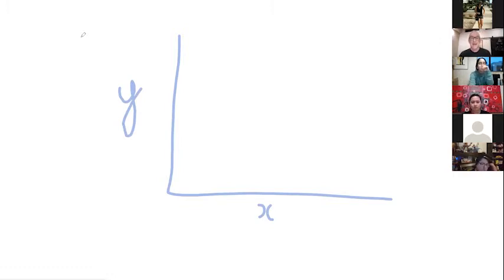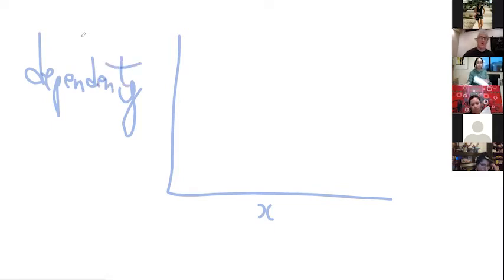Remember, the x-axis is the independent variable, the one that we change, and the y is the dependent variable, the one that changes depending on what x is. The solution would be the X? What about the solution?